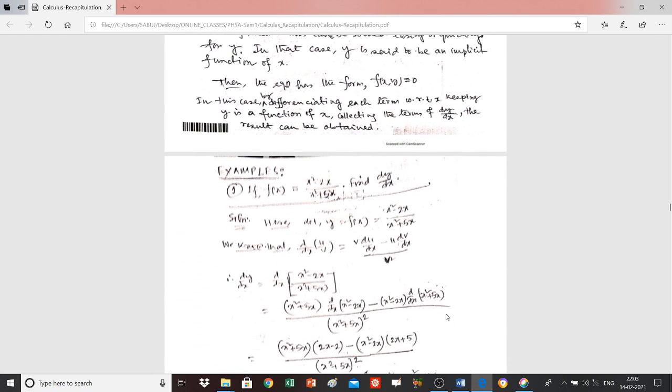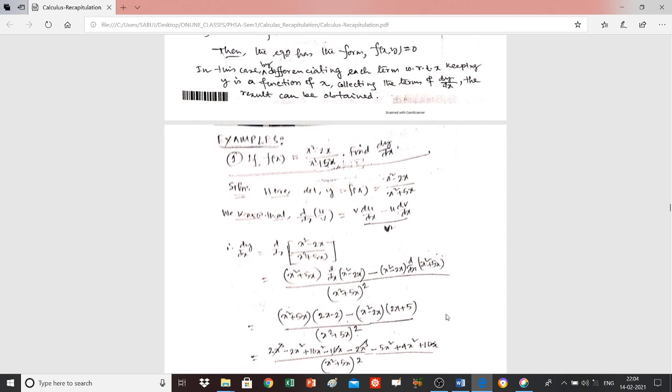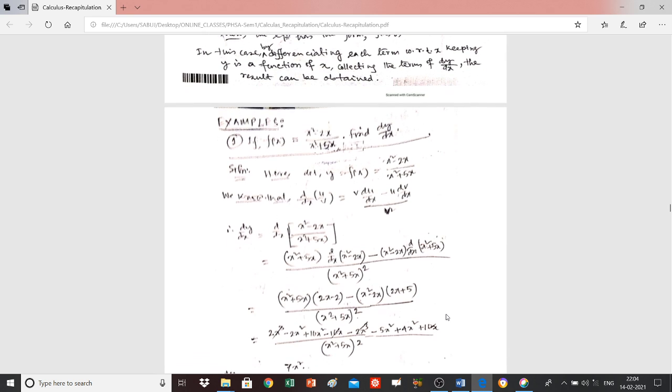So the first example is, if f(x) is equal to (x square minus 2x) by (x square plus 5x), find dy by dx.